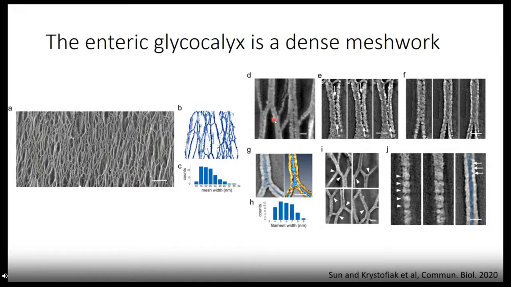So the strands or the filaments of the glycocalyx kind of merge together and branch away at various points to create these kind of void openings that we call the mesh. This occurs in just multiple different ways. We can also see that the filaments themselves actually have different widths, and this suggests there's multiple mucins involved, which isn't too surprising.